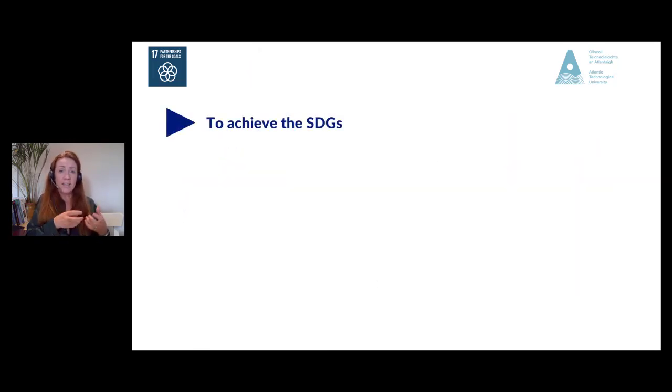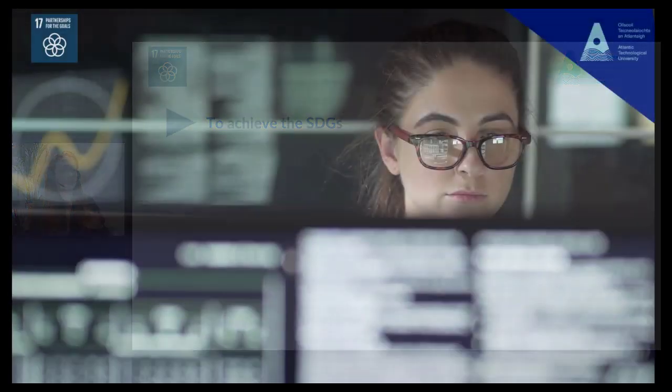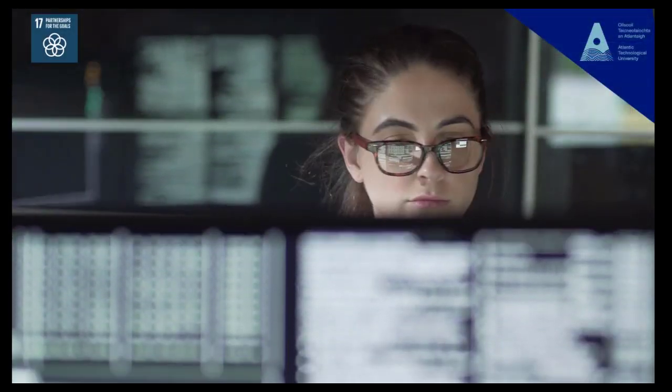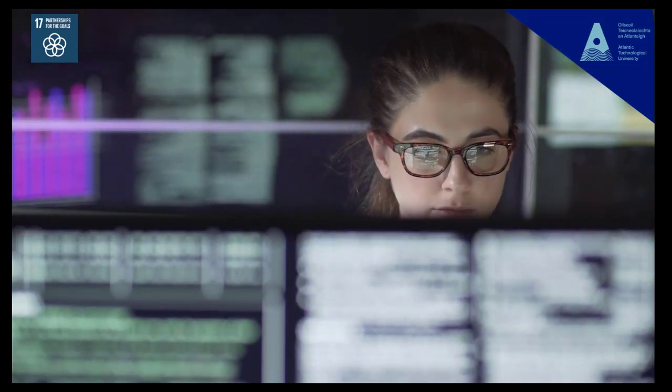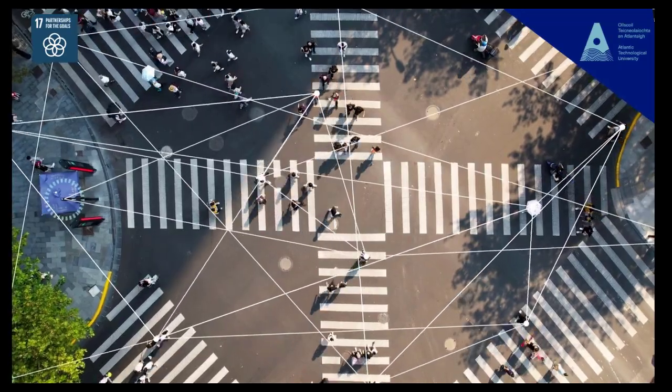It is recognised that to achieve the SDGs, we need a revolution that changes our habits, and that we have the potential to use technology to create positive feedback and positive gain, and to use all the power of technology with purpose. We know we are gathering data all of the time as we live our lives, as we work in our professional fields, as our countries are being managed.